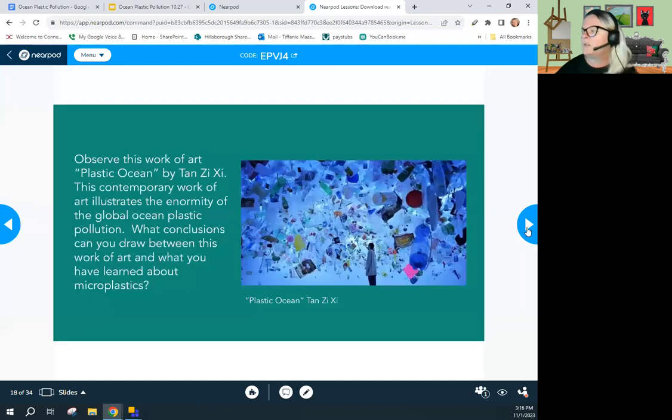Now, the next work of art that we're going to look at, it might already be reminding you of something that we just learned about. This work of art is called Plastic Ocean by the contemporary artist Kanziski. It's a contemporary work of art that illustrates the enormity, the giganticness of this global ocean plastic pollution crisis that we're facing.